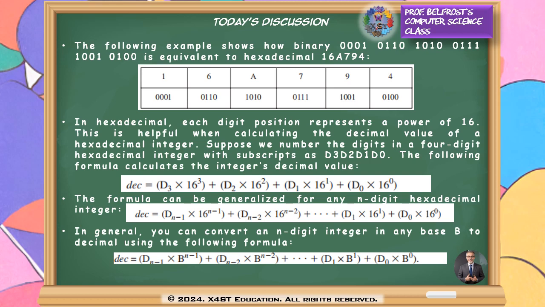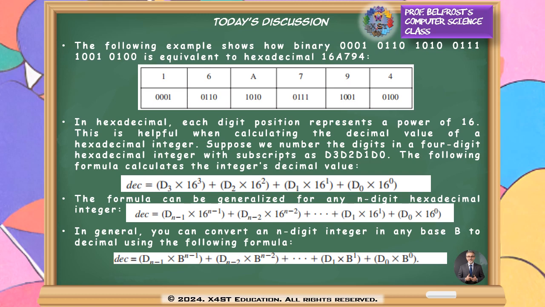So in hexadecimal, each digit position represents a power of 16, because we work with base 16. This is helpful when calculating the decimal value of a hexadecimal integer. Suppose we number the digits in a 4-digit hexadecimal integer with subscripts D3, D2, D1, D0, then the following formula can calculate the integer's decimal value.